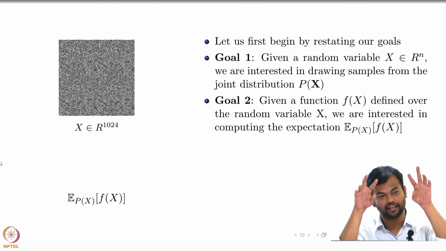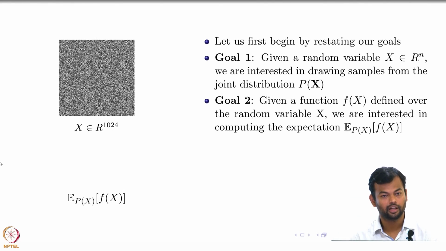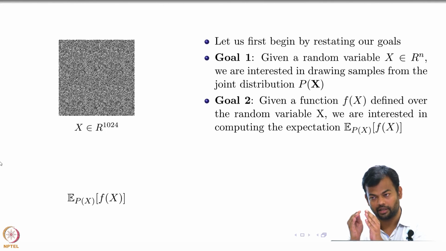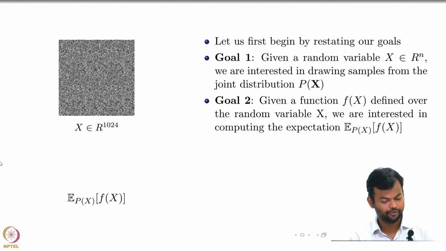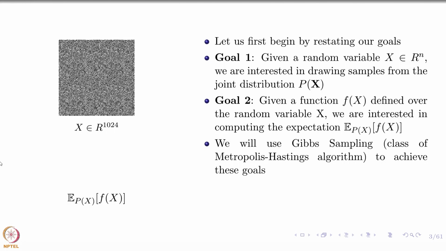Those are exactly the two things we're interested in. Whatever is inside the expectation, you could think of as a function of this random variable. And of course, these goals are related, because if you can draw samples, you can empirically compute the expectation. But just to state them clearly, these are the two goals that we are interested in.